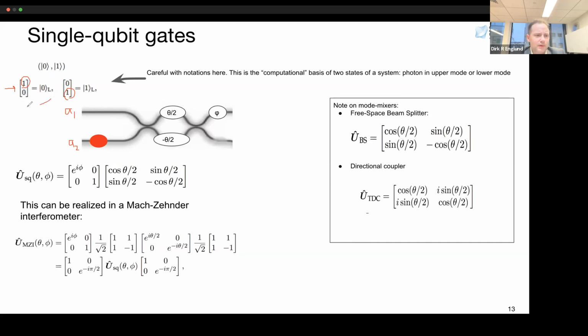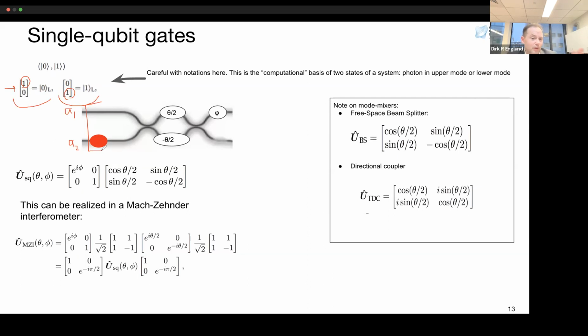The first is the logical qubit 0, and this here is the logical qubit 1. So this input state here, for example, would be the logical qubit 1. That's your logical qubit encoding.